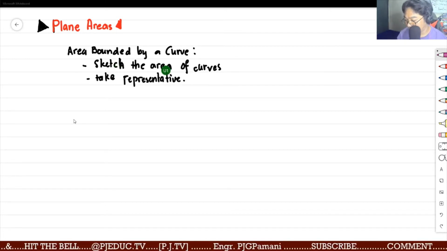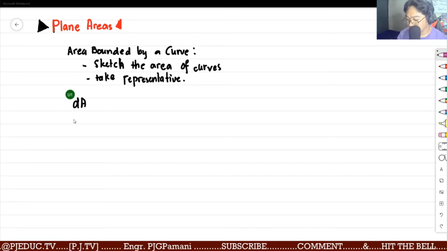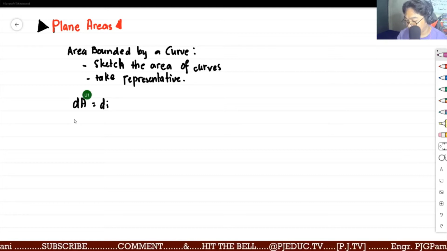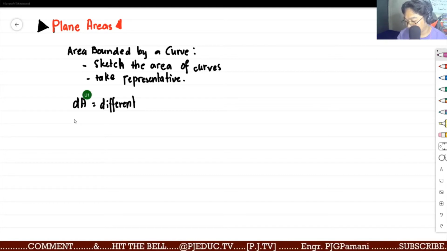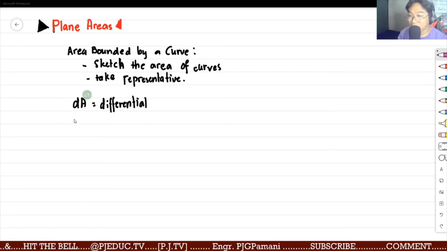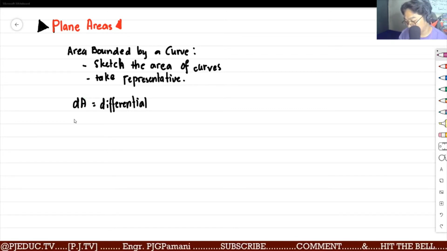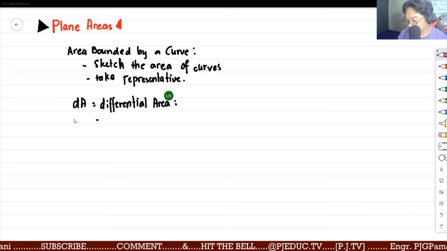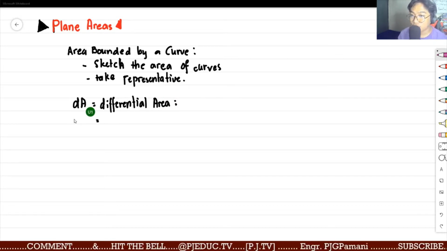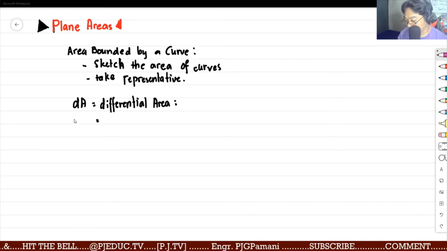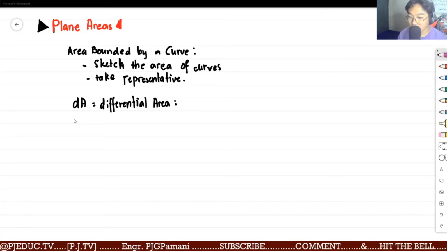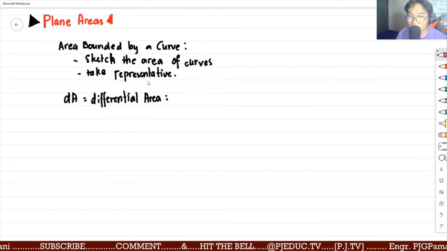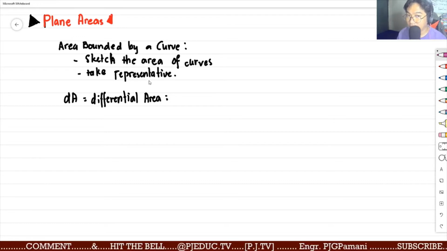With this representative strip, we can solve the differential area at which this particular parabolic curve or section bounds. Area of a rectangle, area of a circle, area of a parabola, and so forth. How are we going to define the horizontal elements or representative of a parabolic curve?